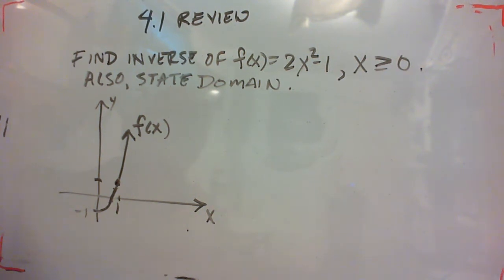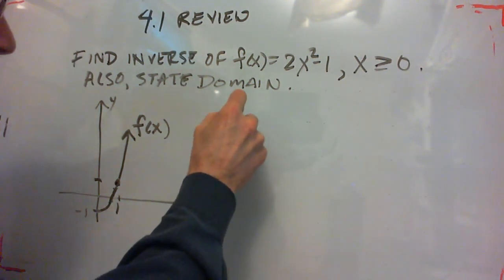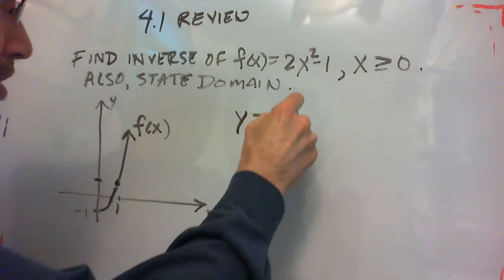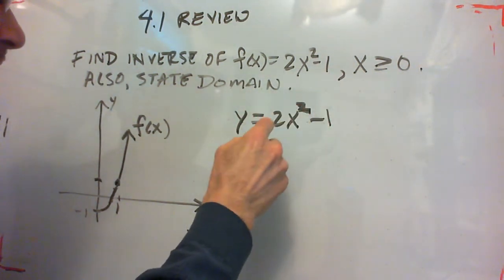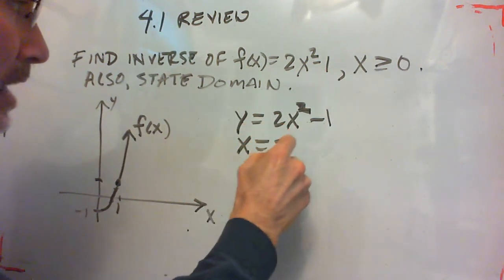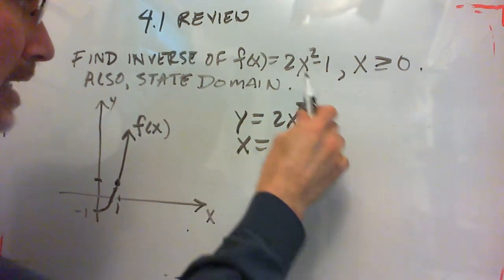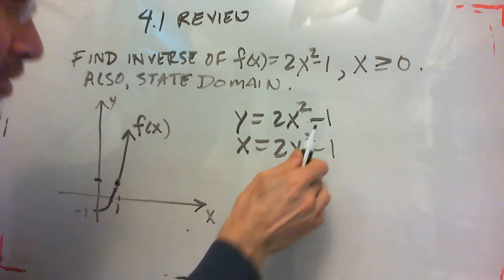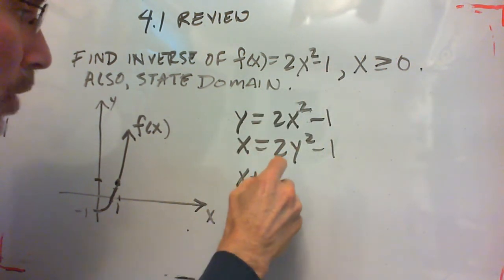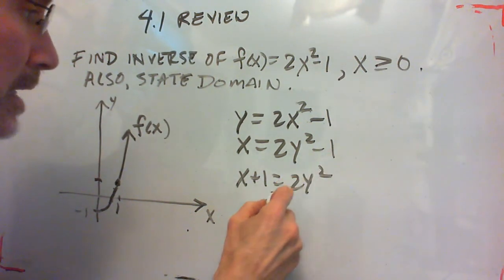So now let's find the inverse using the procedure. y equals 2x squared minus 1. Switch x with y. X equals 2y squared minus 1. Then solve for y. X plus 1 equals 2y squared.